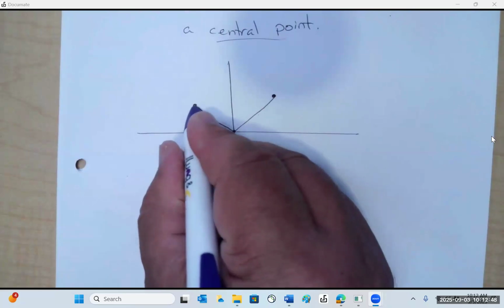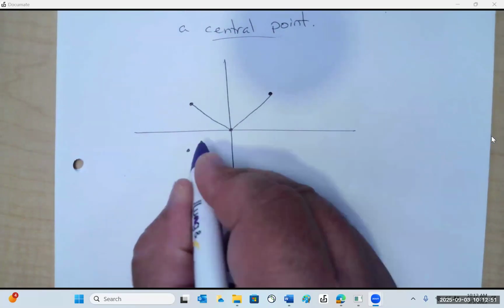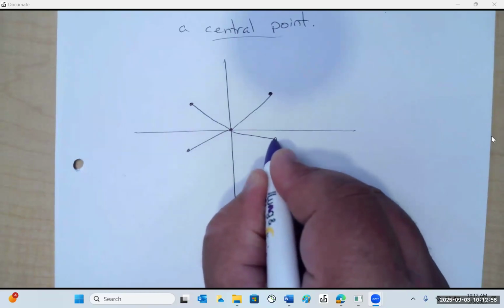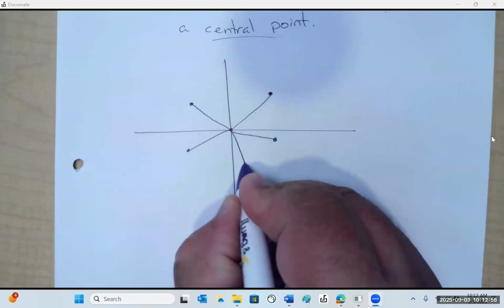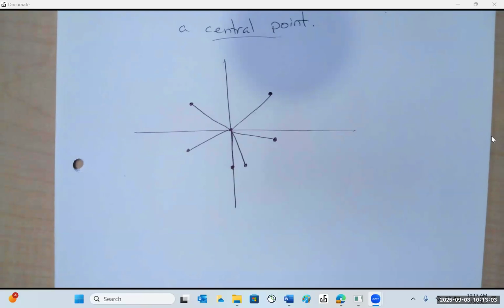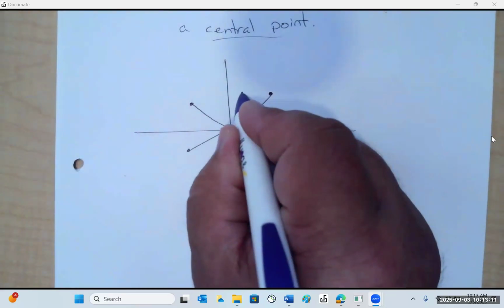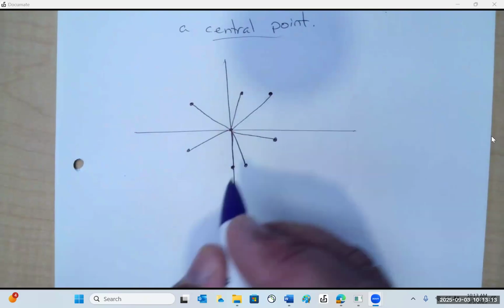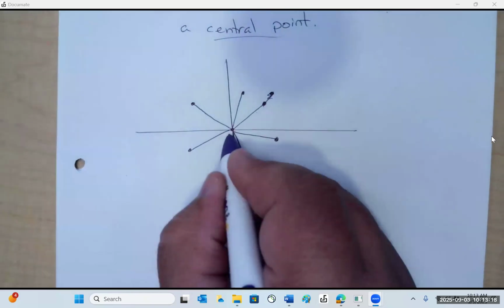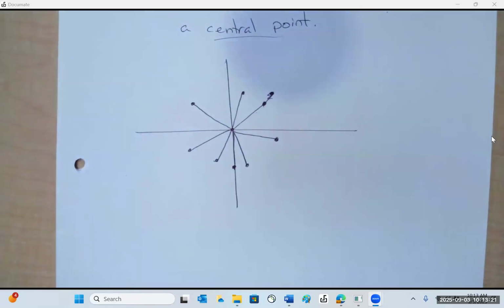It's the same distance away. The more dots I create that are all the same distance away from this point, eventually, it's going to form a circle.